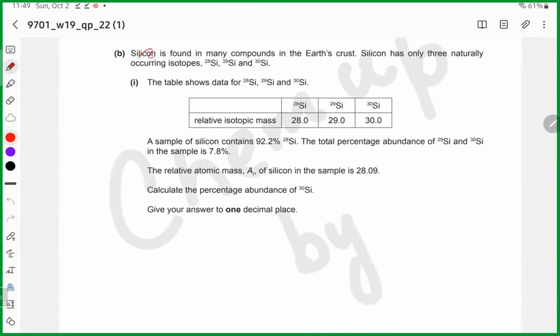Now, silicon is found in many compounds in the earth's crust. Silicon has 3 naturally occurring isotopes, silicon 28, 29, 30. The table shows the data. A sample of silicon contains 92.2% of silicon 28.